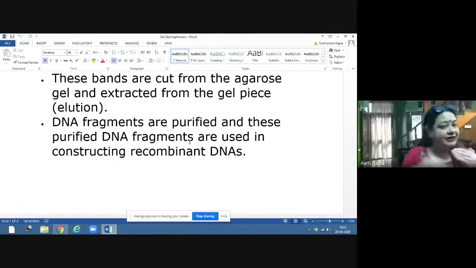So once these fragments have been separated by gel electrophoresis as per their sizes in the electric field, after staining and exposure to UV radiation, we can see them as bright orange bands. These bands can be cut from the agarose gel and extracted, and this process is called elution. After that, the DNA fragments are purified and can be used for construction of recombinant DNA.